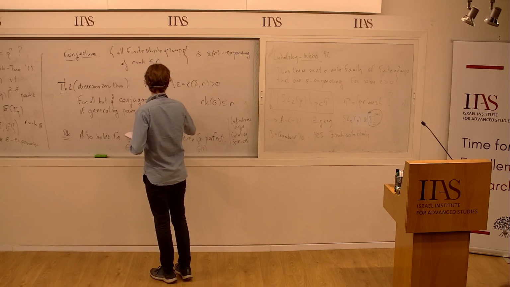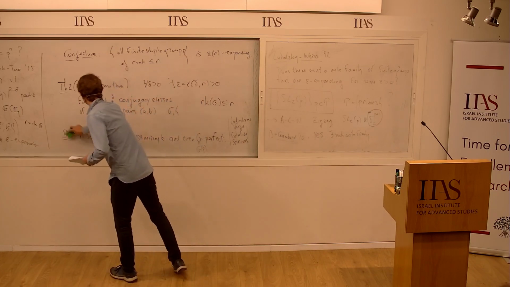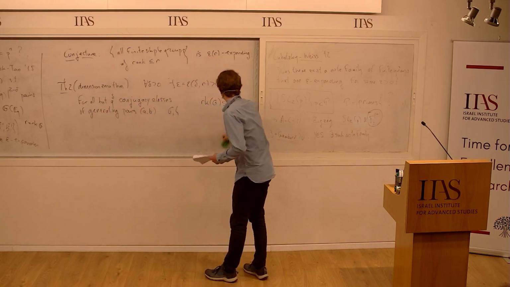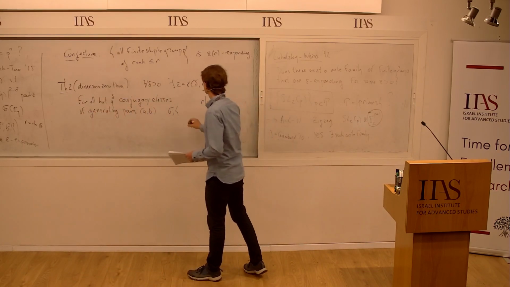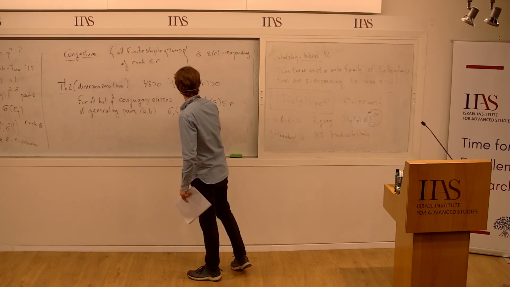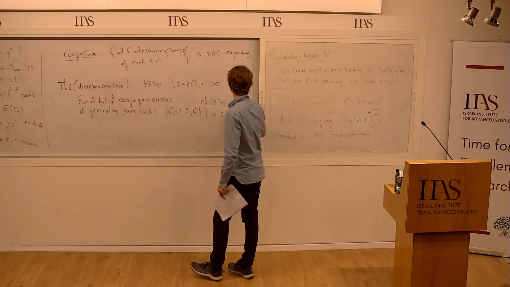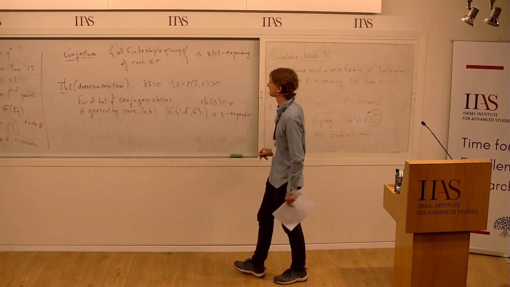So the Cayley graph is epsilon expanding.